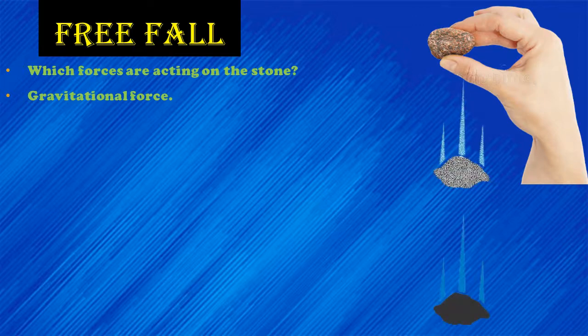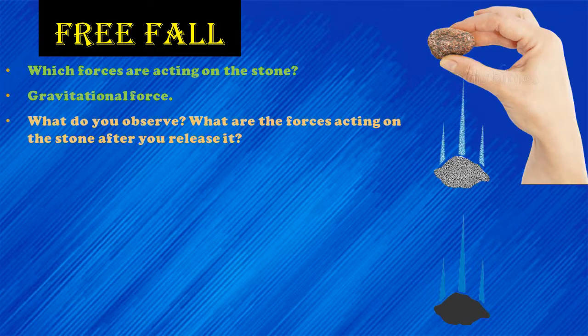Now release the stone. What do you observe? What are the forces acting on the stone after you release it? While we were holding the stone in our hand, the gravitational force and other forces were balanced, and due to this balance of forces the stone was at rest.